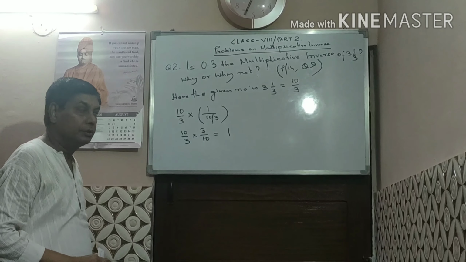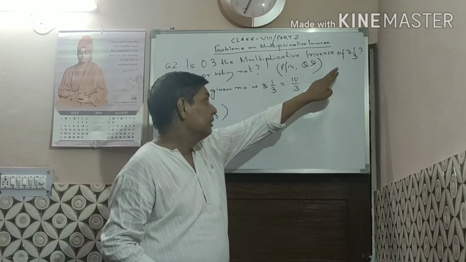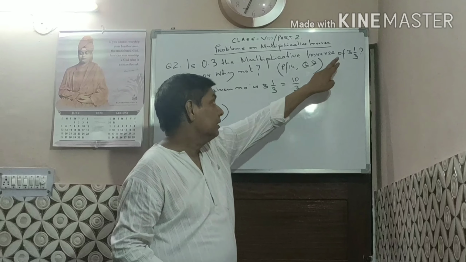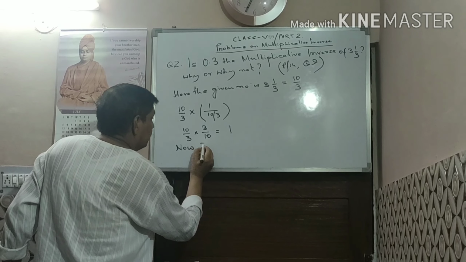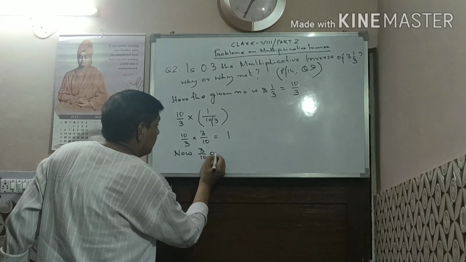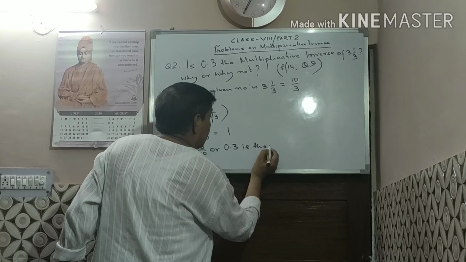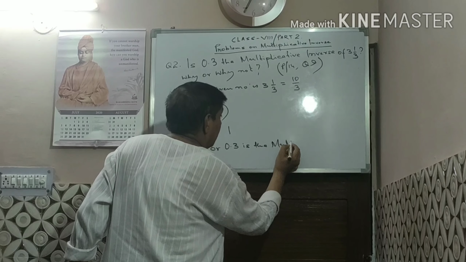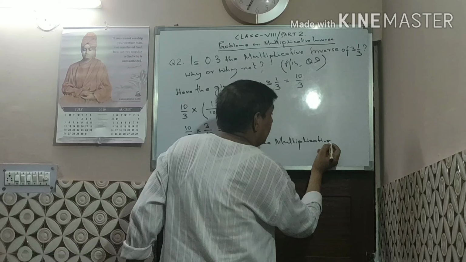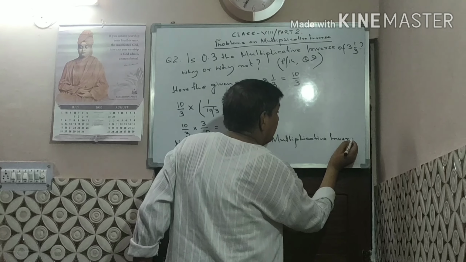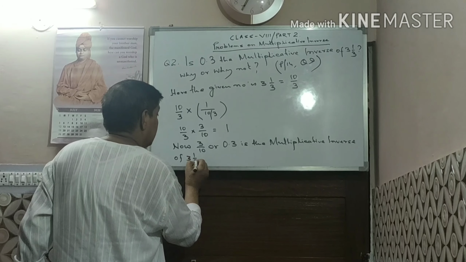So it is proved that 0.3, that is 3 by 10, is the multiplicative inverse of the given number 10 by 3.